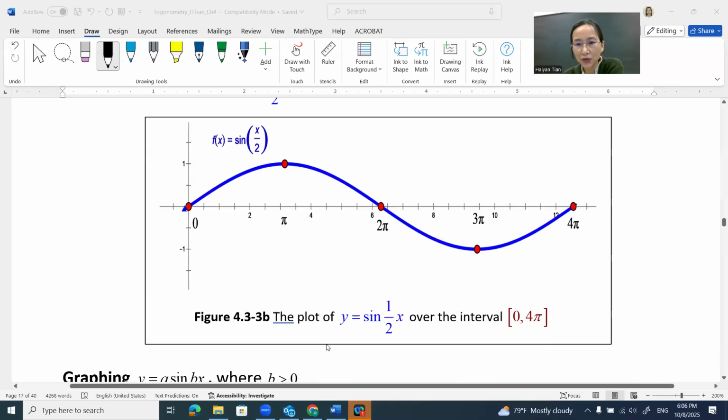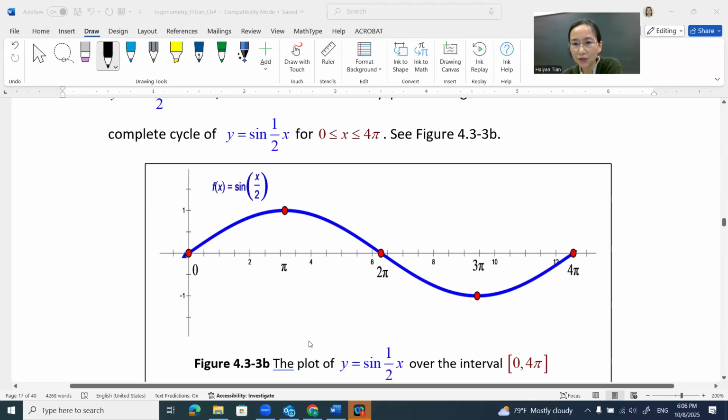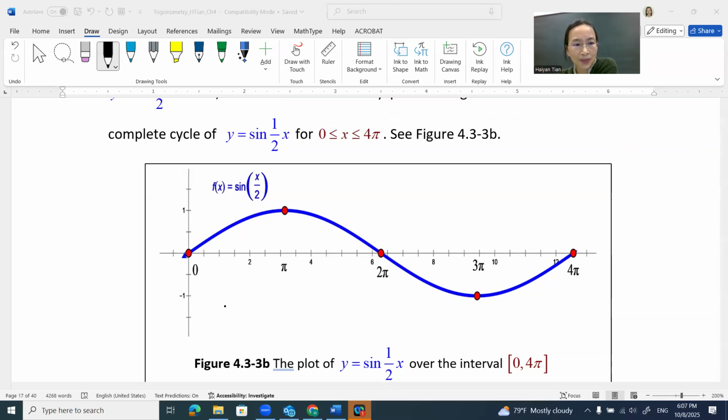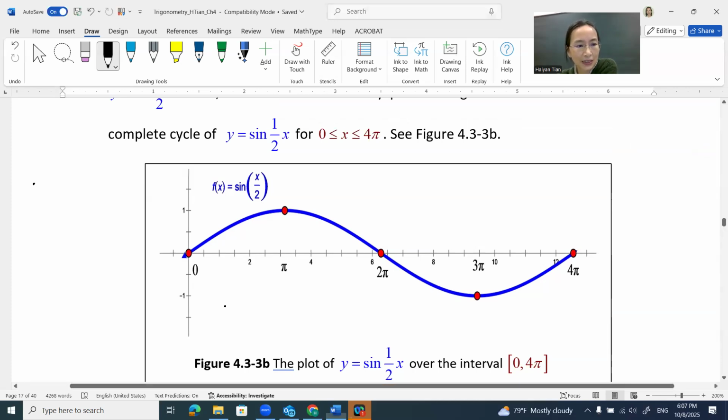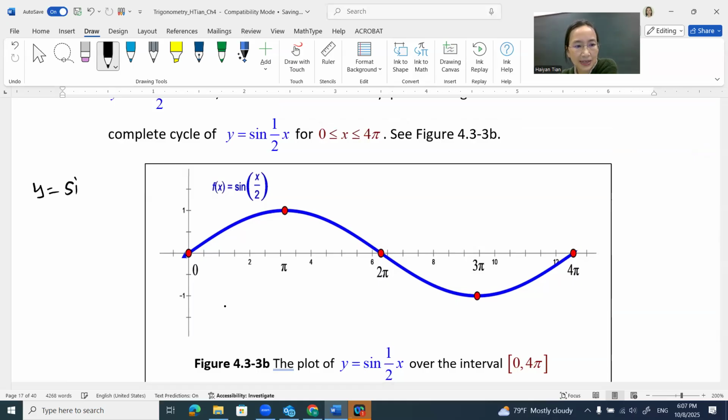Okay, so now I want to give you a formula, which is true for a function of this form, sine bx. The period of this function is 2 pi over b.